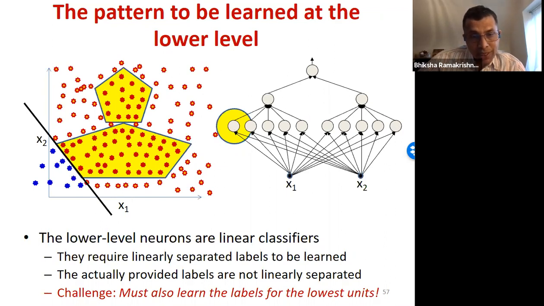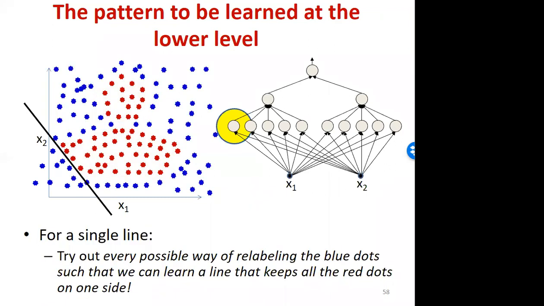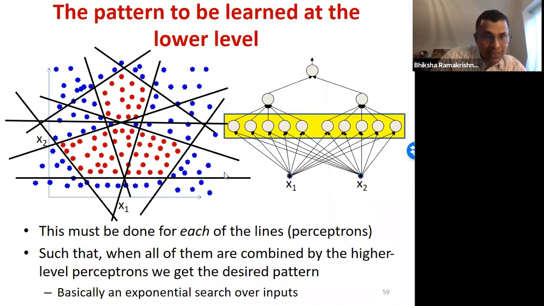Yes. So here is the point. We are going to have to try out every possible way of relabeling all of the blue dots just to learn the one line for this one perceptron. And we're going to have to do this for every single perceptron in the network.